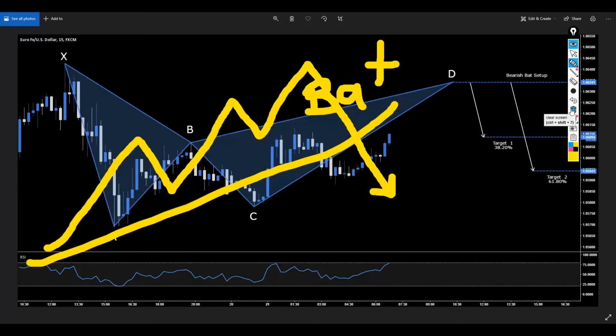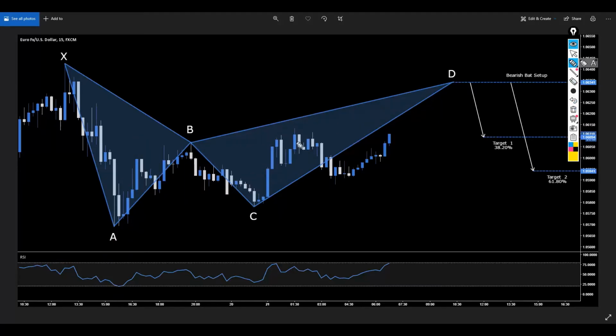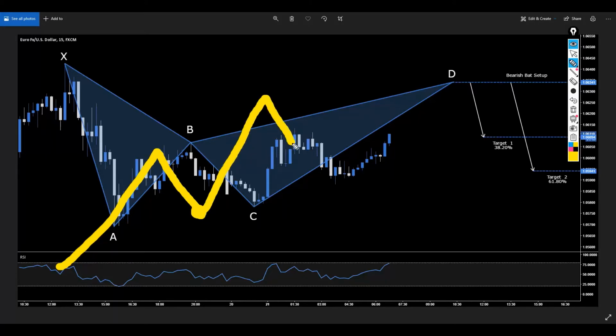For example, in an uptrend, we can find a higher high, a higher low, and then a higher high, another higher low. Okay, so if we find this pattern here, and then we sell the market, we can get a good result, and this is essentially what we want.